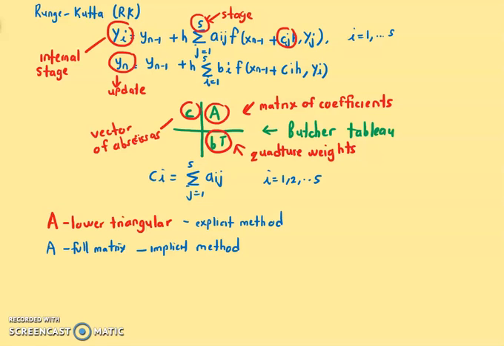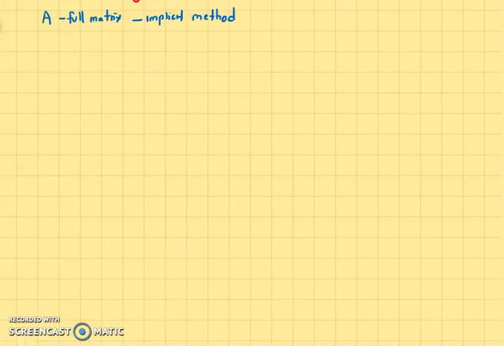There are also semi-implicit methods, diagonally implicit or singly implicit. So we just want to focus on explicit methods. Explicit methods are very easy to implement. Let's focus on explicit methods.